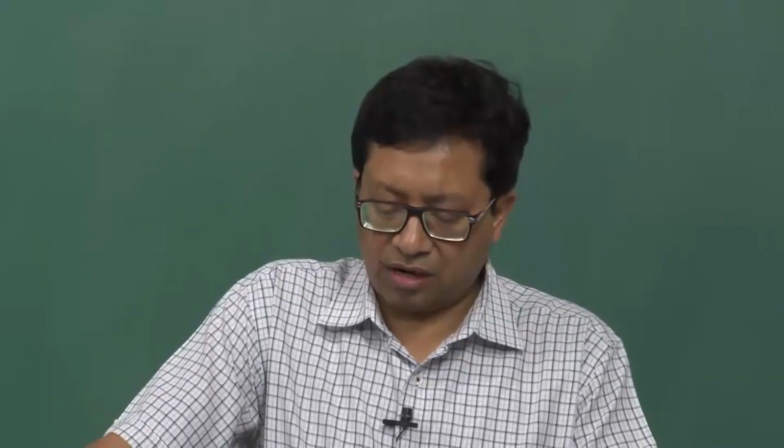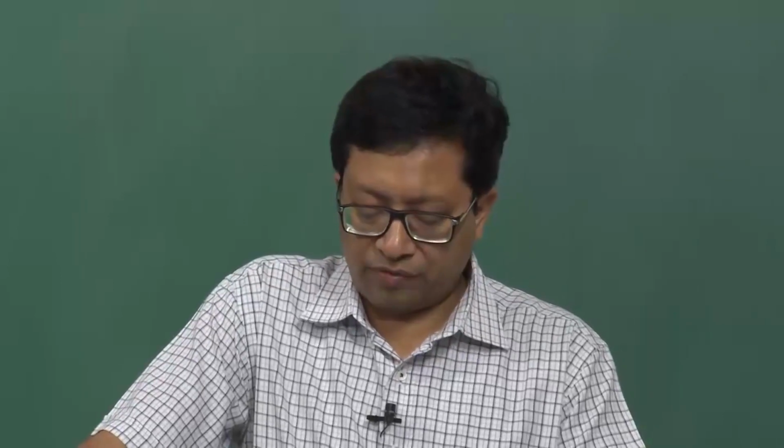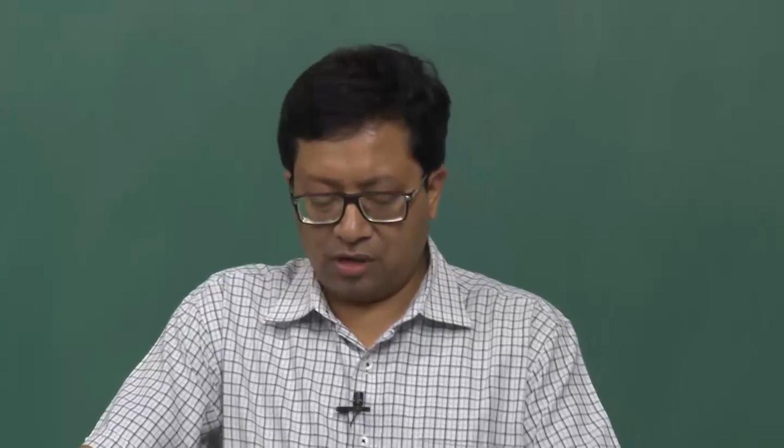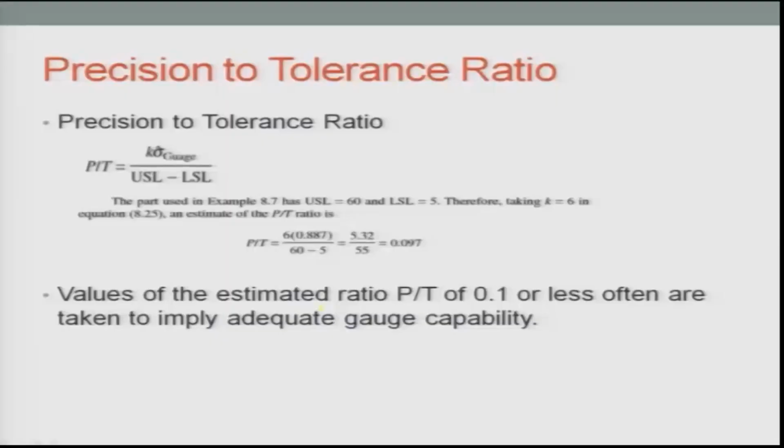From there you find out the value of the precision to tolerance ratio as 0.097. So, an estimated ratio of 0.1 or less is often taken to imply adequate gauge capability, such that you are aware that the gauge is able to take care of the work for which it is being assigned, to take the readings.